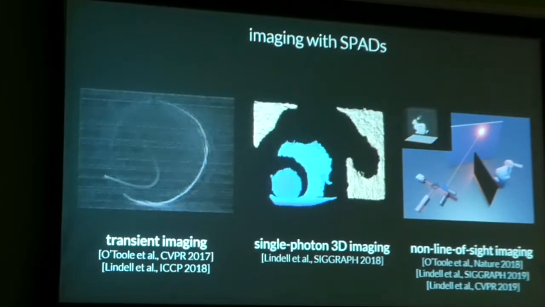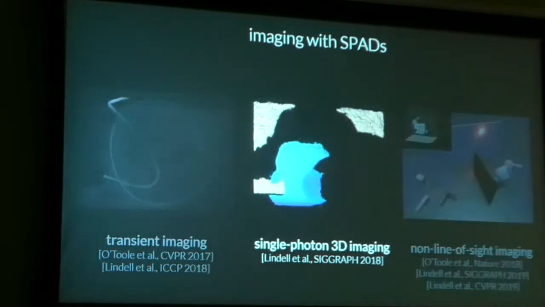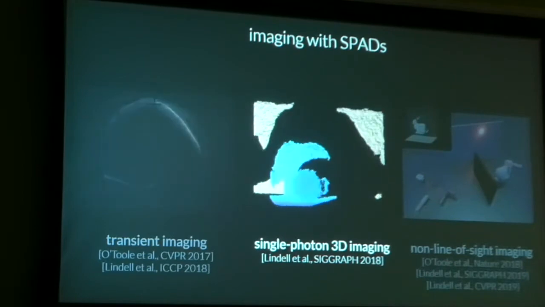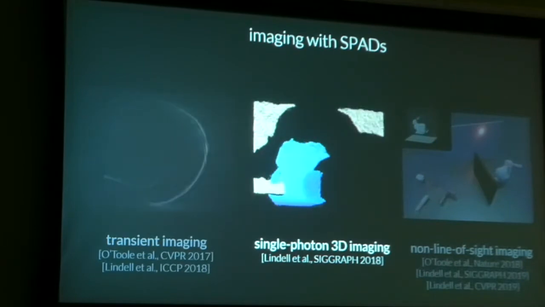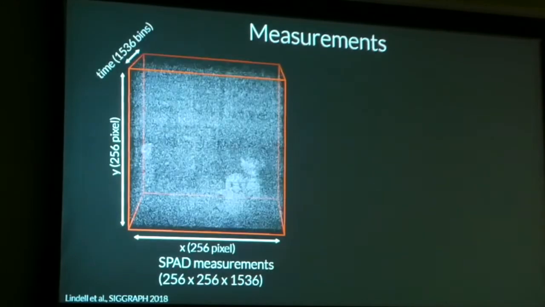So I introduced transient imaging and talked about this a bit, and I want to go into some of these other applications, starting with 3D imaging and some work we did on 3D imaging at really low, single-photon levels. So I told you that this is probably the most important application of the transient imaging data.